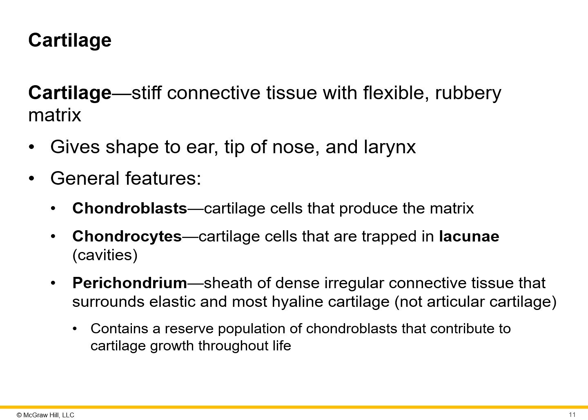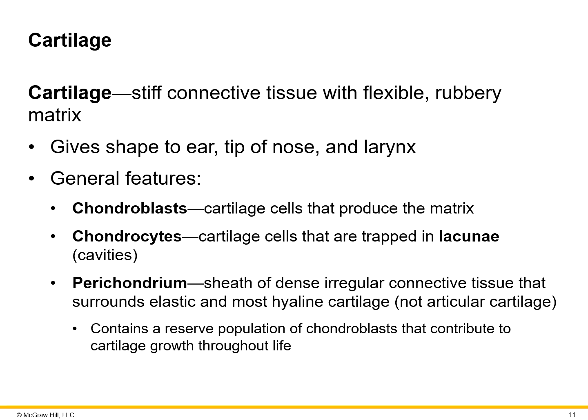So as they're building the matrix, they're gonna get trapped and they are going to continue to build that matrix all the way around them until there's only a little bit of space left for them to live in. Once they get trapped in that space, they will differentiate and they will turn into a chondrocyte. So this is a mature cell that is trapped in that space called the lacuna. And these cells will maintain the tissue.